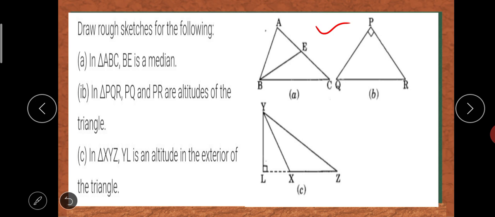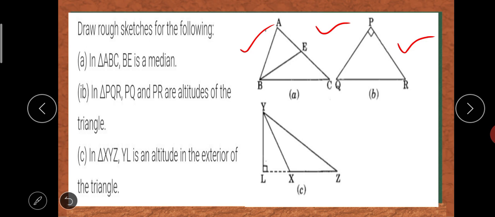ABC is a triangle, B is a vertex, and from B we draw the median. Second, in a triangle PQR, PQ and PR are the altitudes of the triangle. Here we have shown that PQ and PR are altitudes, which means they form 90 degrees. This is the rough diagram.